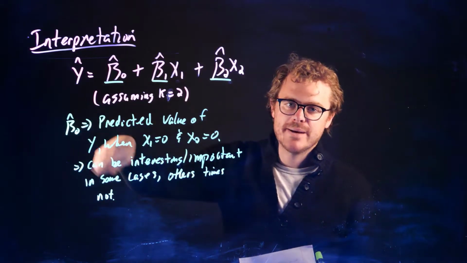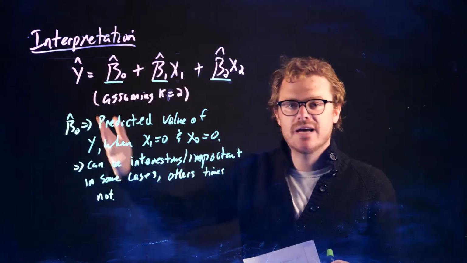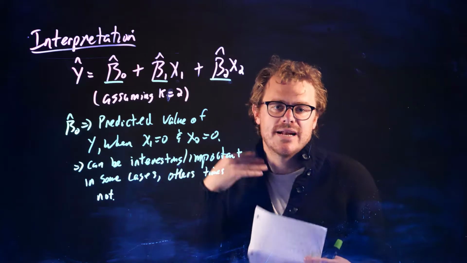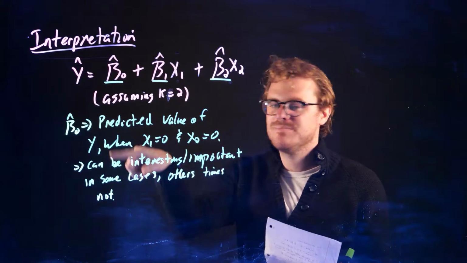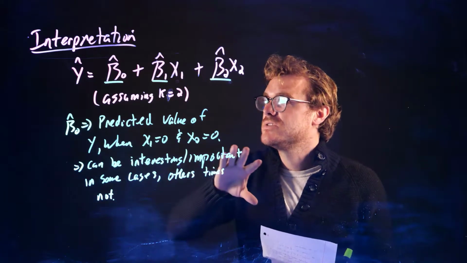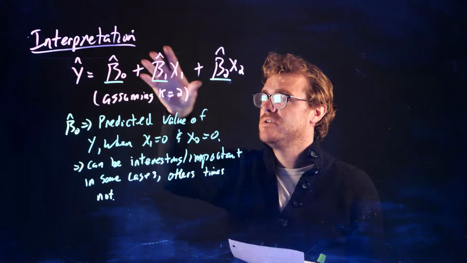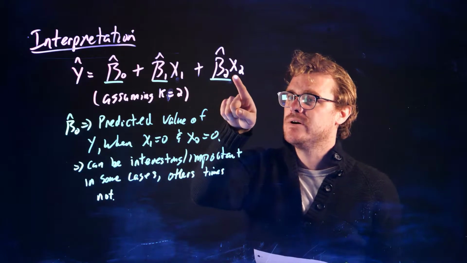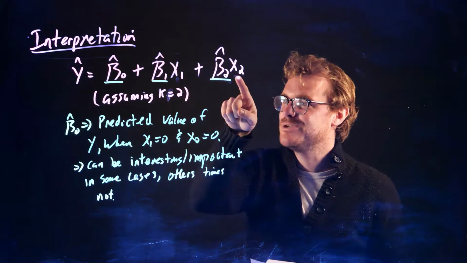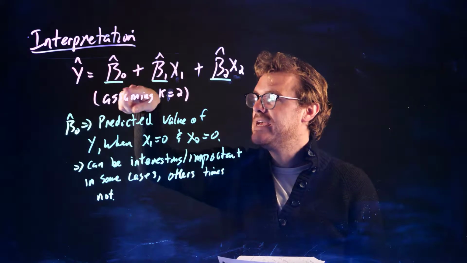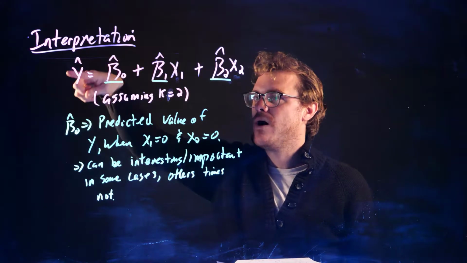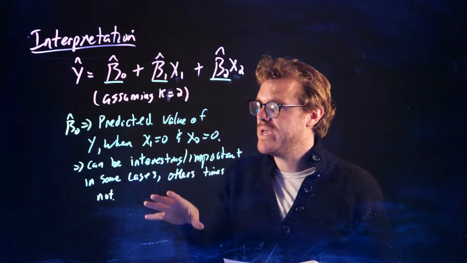Sometimes our intercept, and we saw this with simple regression, is meaningful, it says something interesting to us, and sometimes it doesn't. This is the same in multiple regression: if we make x1 equal 0 and x2 equal 0, then the intercept is our predicted value of y. So that's the idea with beta hat 0.